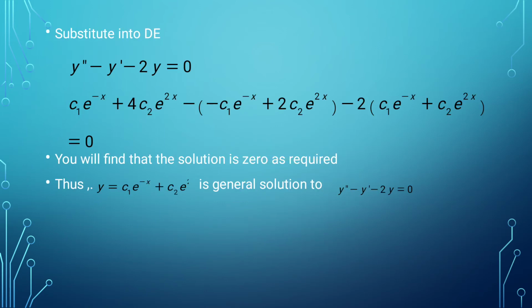Okay, next. Now substitute into the DE: substitute those values of the first derivative, the second derivative, and the function y into the differential equation. So the first and the second derivative is actually this one. So substitute there. This negative is actually this negative here.